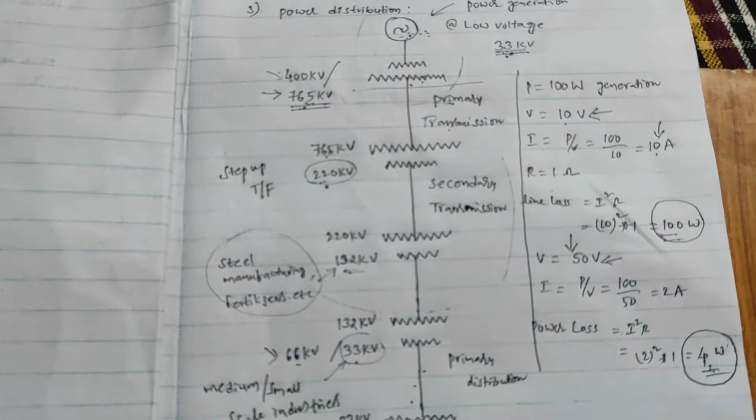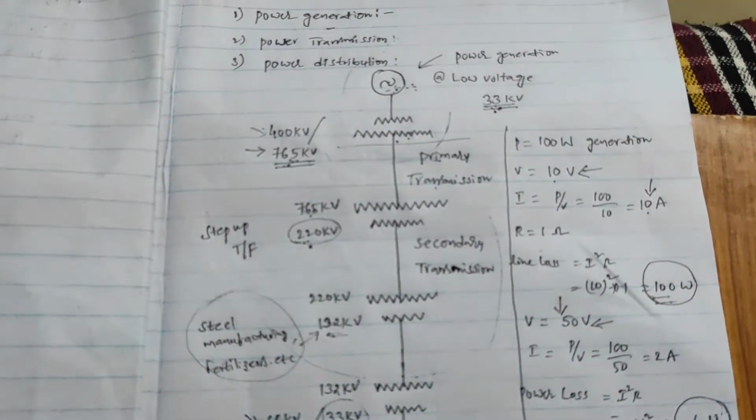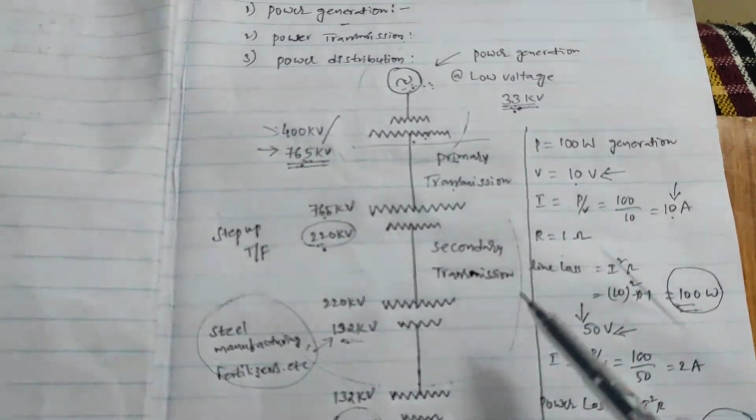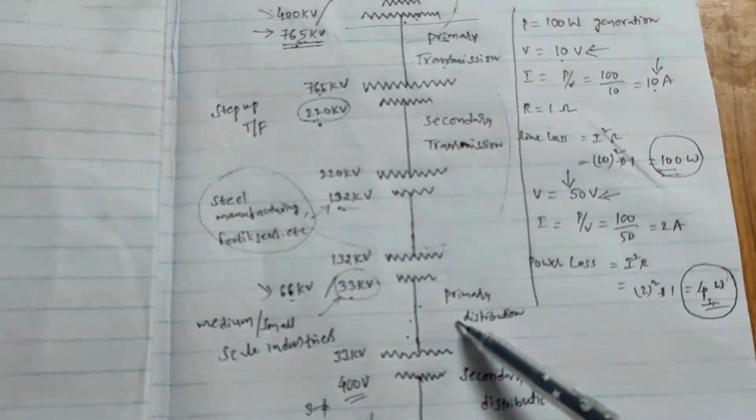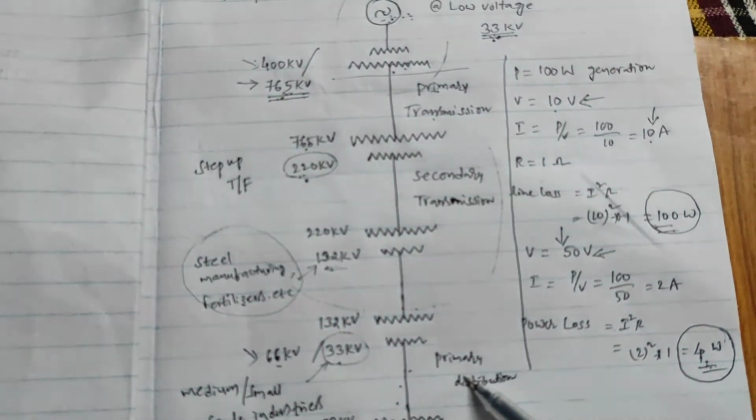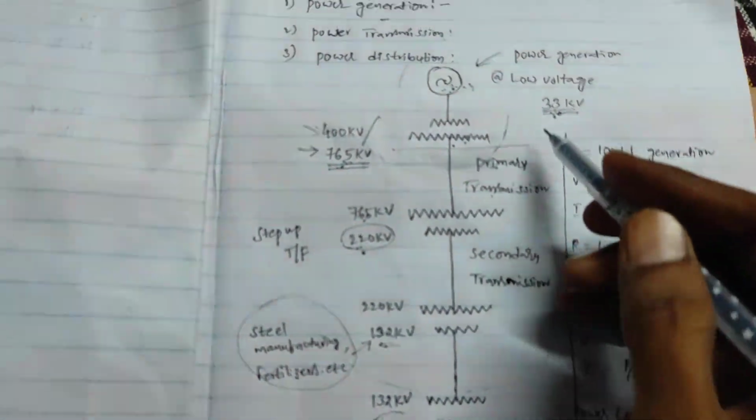All the transformers from generating station to this primary distribution are power transformers.